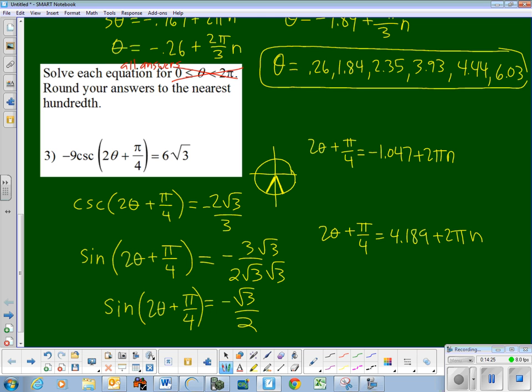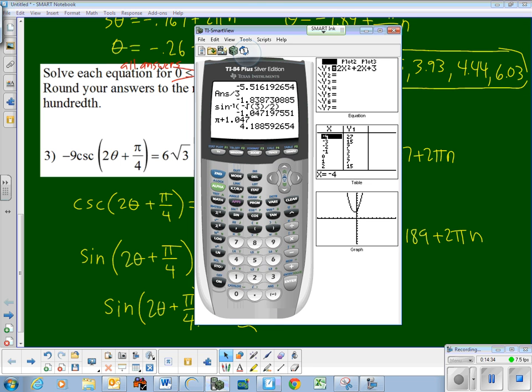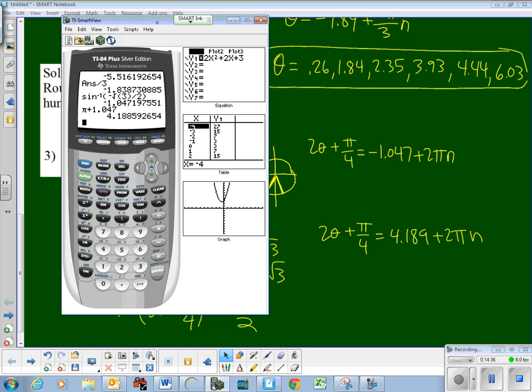So all we need to do is subtract pi over 4 from each one of these values and then divide everything by 2. All right, so flipping back again. Okay, so my first one, I'm going to subtract pi over 4 from both sides. The negative 1.047 minus pi over 4. Whoops. Not negative, minus.